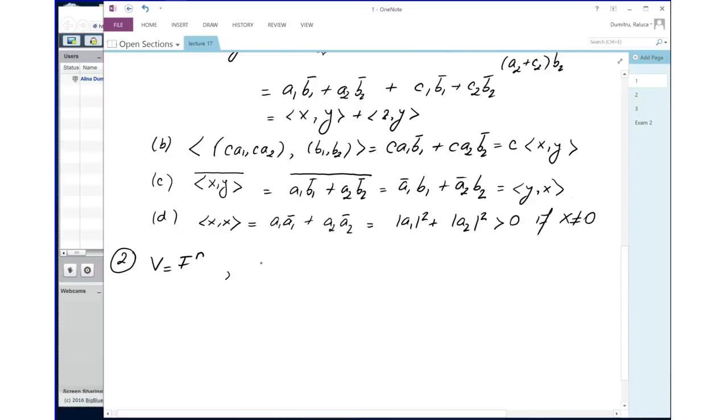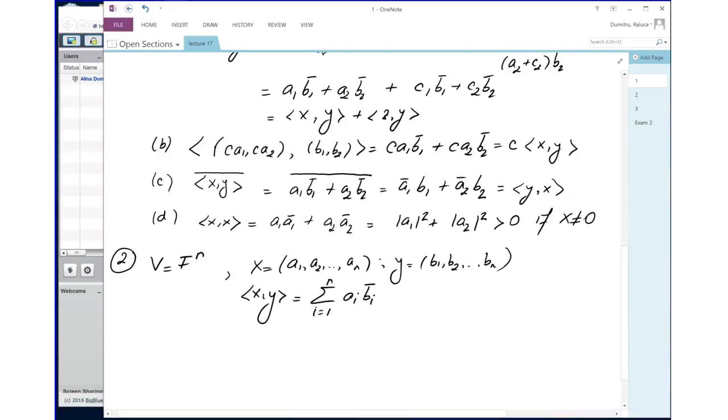Fn, if X is the n-tuple A1, A2, An, and Y is the n-tuple B1, B2, Bn, define the inner product between X and Y to be the sum i equals 1 to n Ai Bi conjugate. Right, and then everything that we carried out in the previous example would be done here in the same way. So this is actually called the standard inner product on Fn.